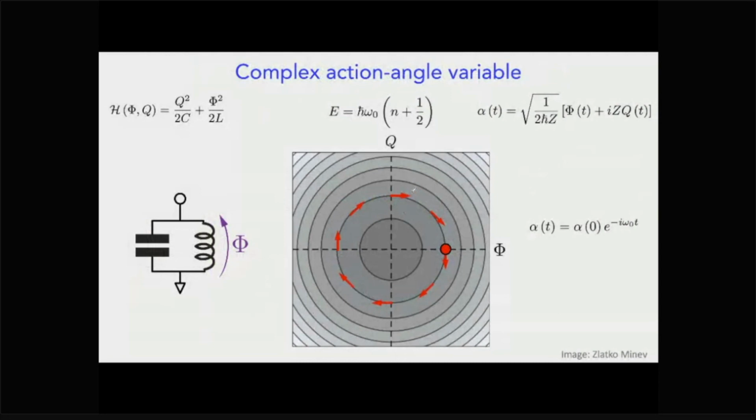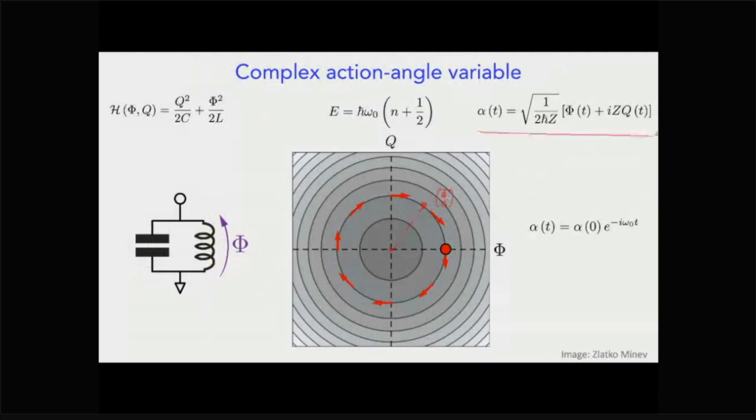In other words, I can succinctly write down where the particle is in this plane by saying, well, if the particle is over here, I can write that as a vector of phi and q, or it may be notationally advantageous to use a complex number.